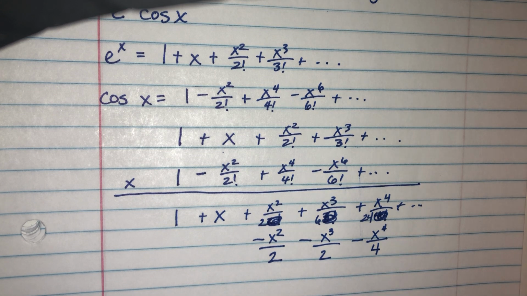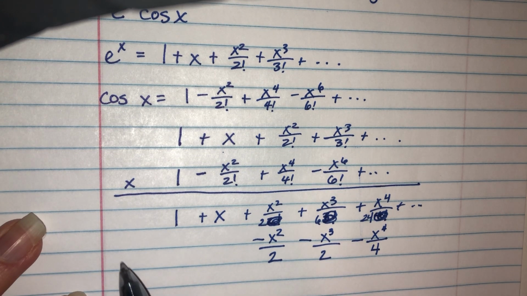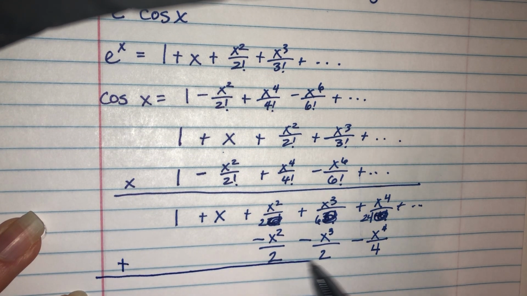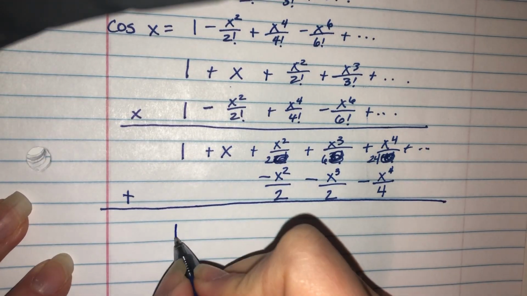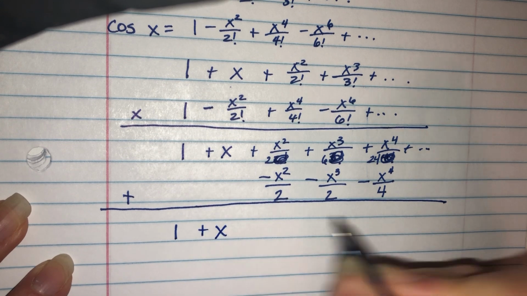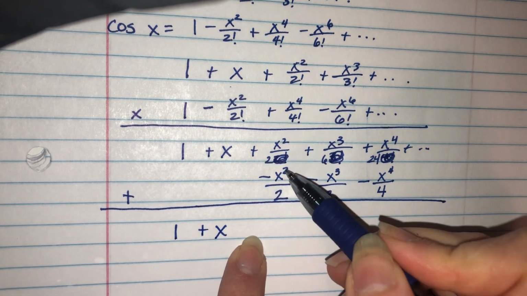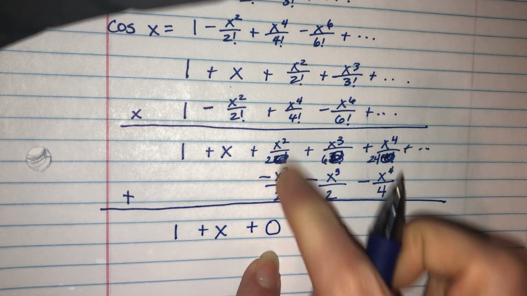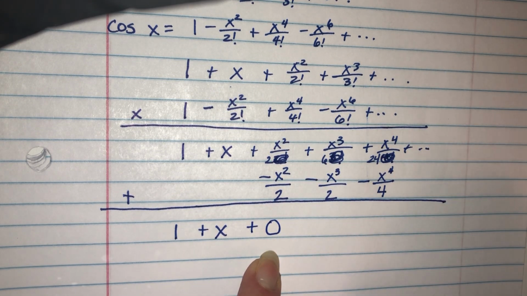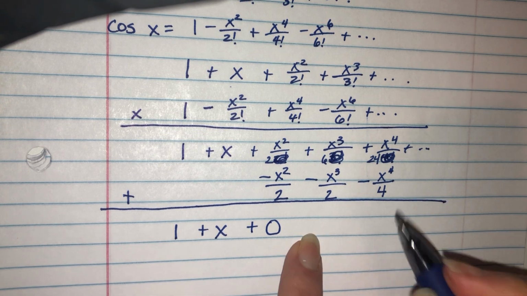And now I'm going to add. So 1 comes down, x has nothing to add with it, so it comes down. x squared over 2 minus x squared over 2 adds up to 0. And this is one of the reasons why I wanted to go to one extra term, because we just had one 0 out here.